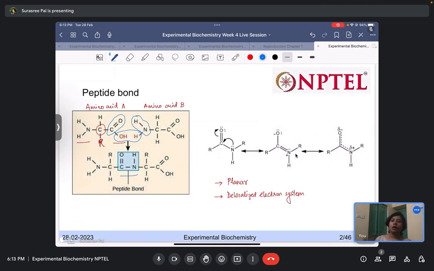Now when these two amino acids again join with a third amino acid, another peptide bond forms, right? So this is a dipeptide. What will be a polypeptide? Or first let's talk about what a tripeptide will be.